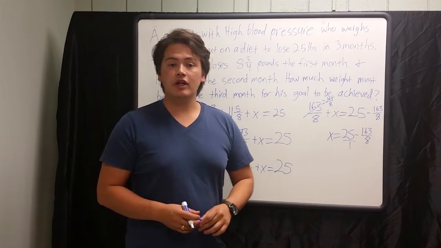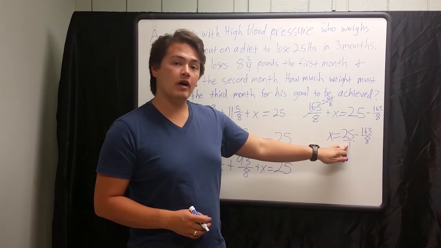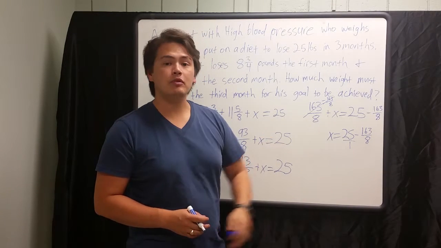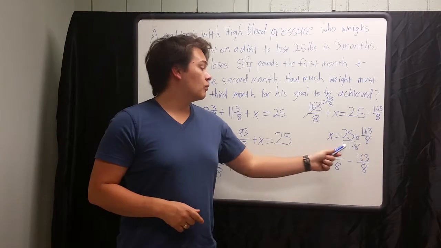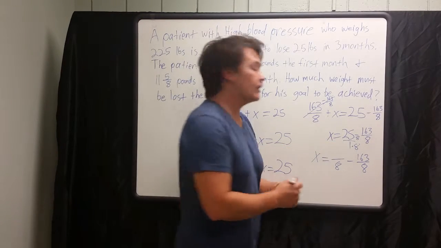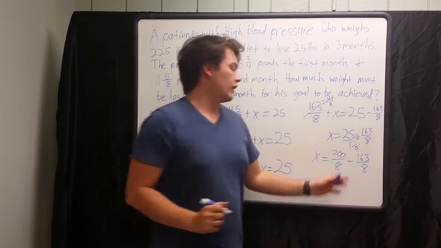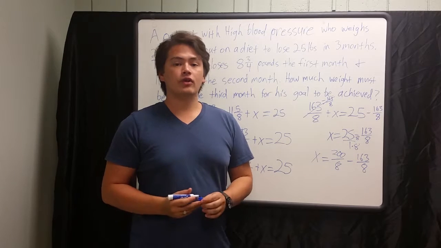And the common denominator is going to be 8. So I'm going to multiply the bottom by 8, but I'm also going to multiply the top by 8 as well. So 1 times 8 gives me 8. 25 times 8 gives me 200. And then minus 163 over 8.